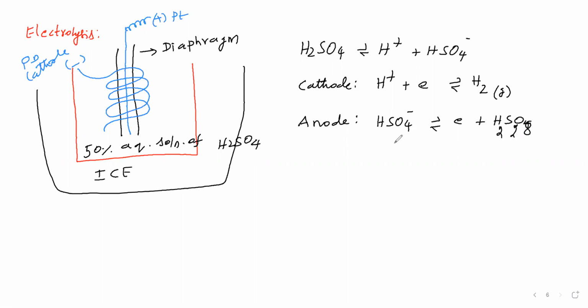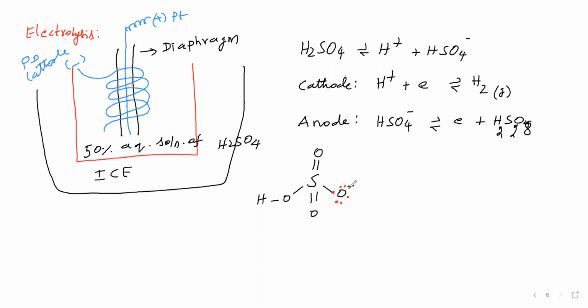Now, this HSO4-, we can write it like this. Now we will see how many electrons this oxygen valence shell contains. This oxygen comes under the 6th group, so the valence shell contains 6 electrons.